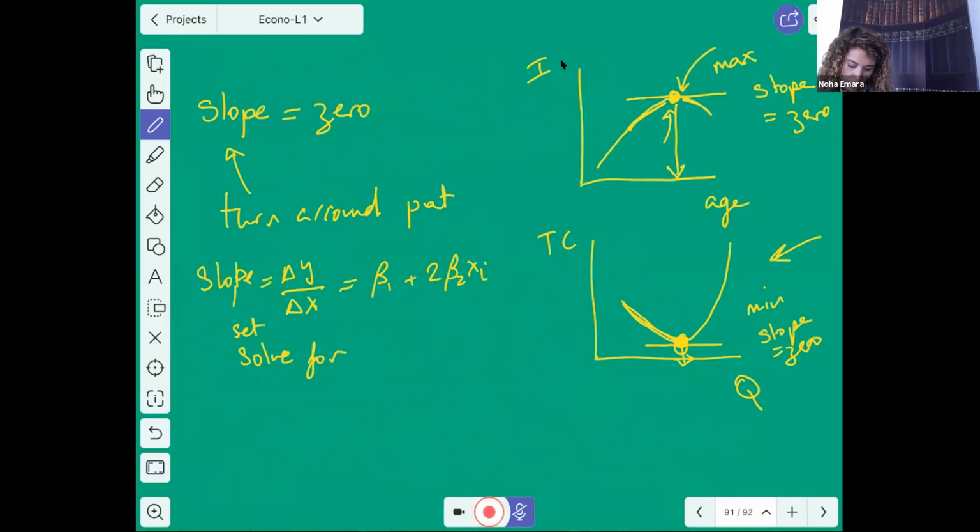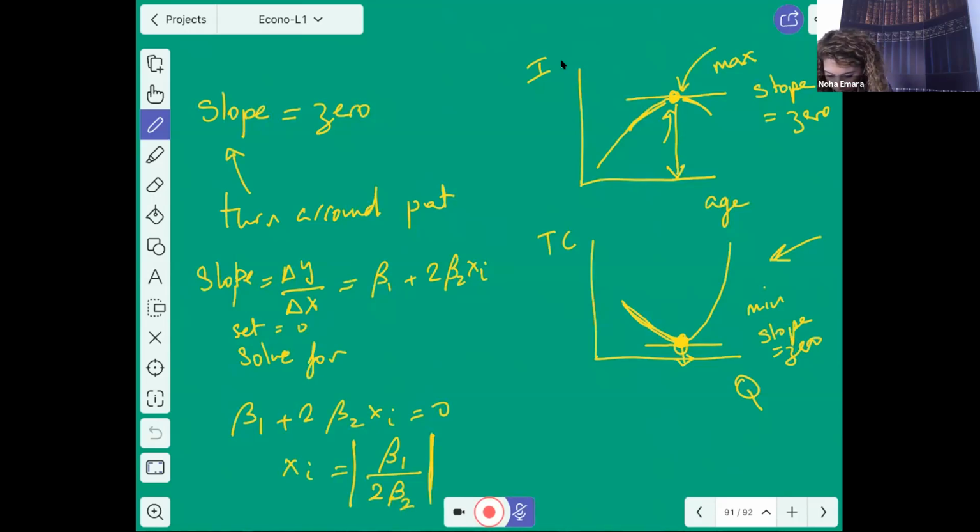Then xi is simply equal to beta 1 over 2 beta 2. Just take the absolute terms because we don't want to be on the negative side of the x.